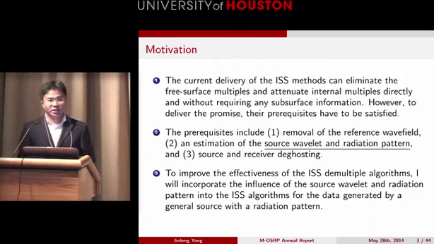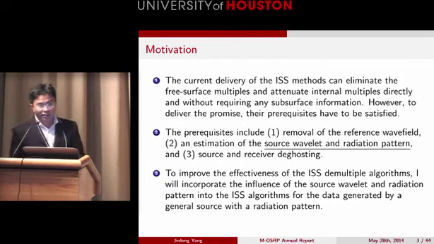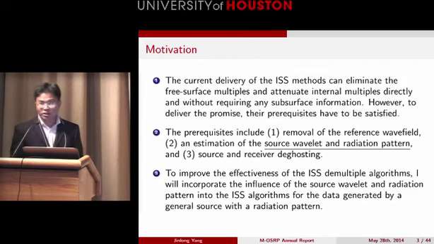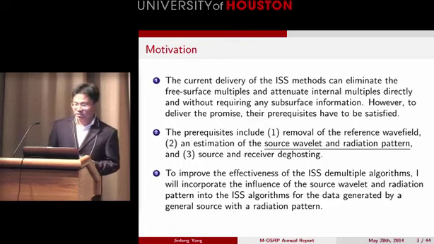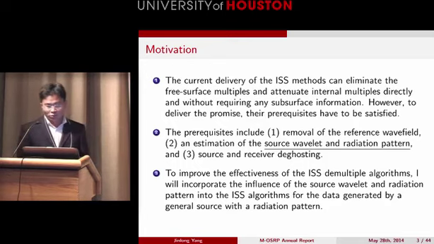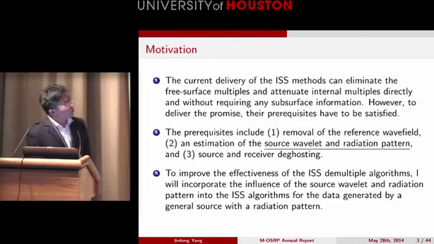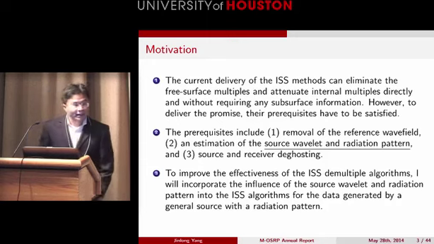The current RSS method can eliminate the free surface multiples and attenuate internal multiples directly and without requiring any subsurface information. However, to deliver the promise, the prerequisites have to be satisfied. The prerequisites include the removal of the reference wave field, an estimation of the source wavelet and the radiation pattern, and the source and receiver deghosting.